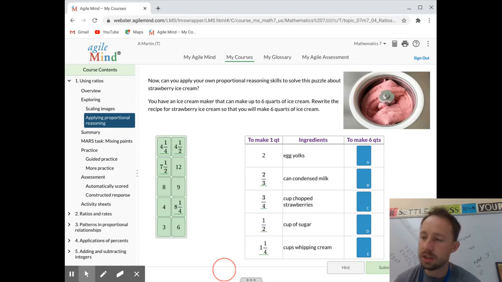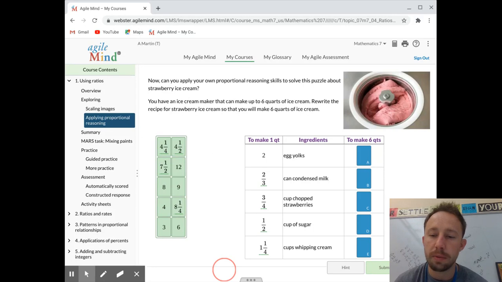Or what does the scale factor tell us? How much we multiply by? That is 100% correct. It is the number that we multiply our original figure by to enlarge or reduce to make our new figure or amount.